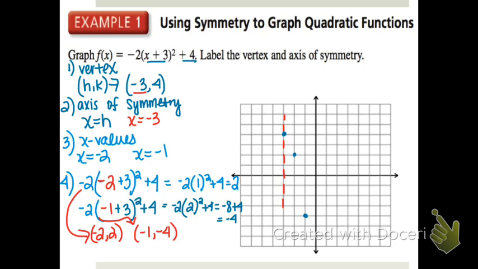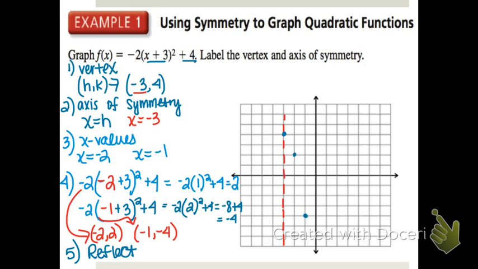Let me extend my axis of symmetry line. So now I did step 1 through 4, so now I need to do step 5, which is reflect. And that's reflecting over the axis of symmetry. So watch how I do this.